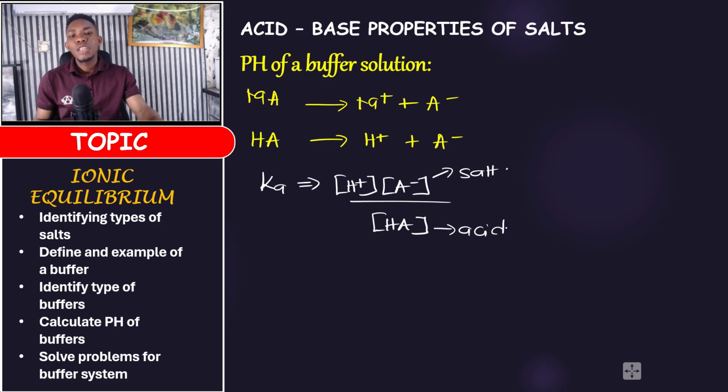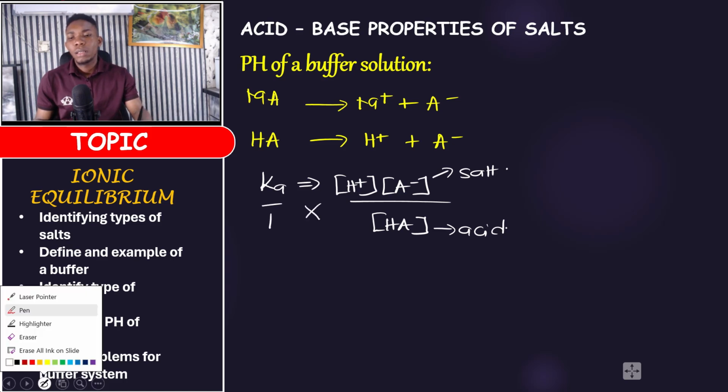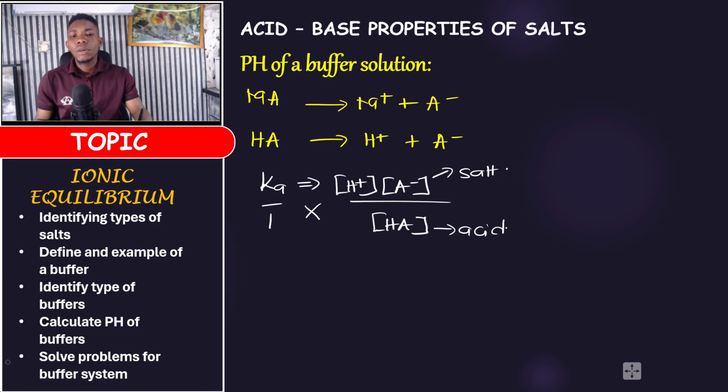Now, if we make H plus subject of the formula, how do we do that? Cross multiply. When we cross multiply, this will give us Ka times HA is equal to H plus and A negative.